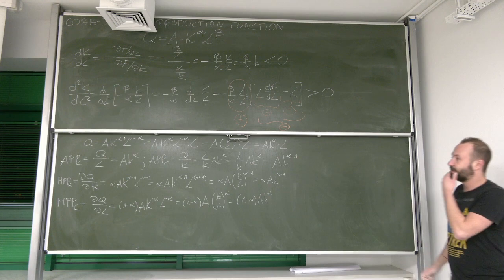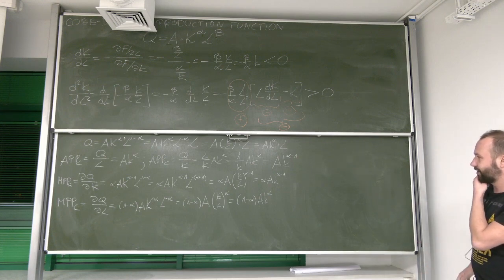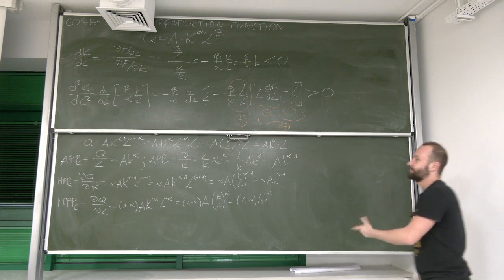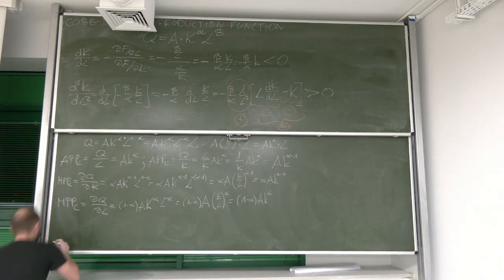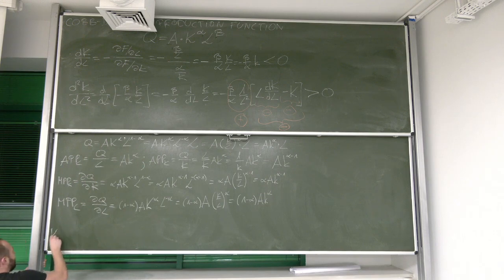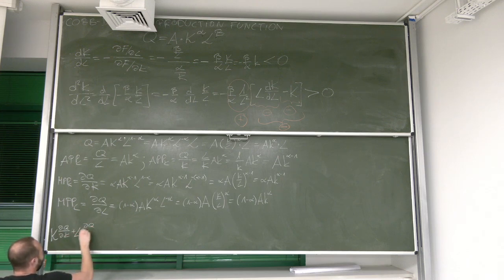Okay, so look, the one last thing we need to do over here is to make sure about property number 3, Euler's theorem. So we have here that K times the marginal physical product of capital plus L times the marginal physical product of labor should give us output. Okay, so let's check it.